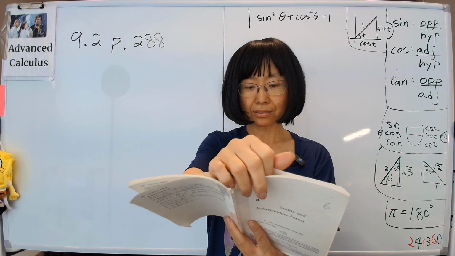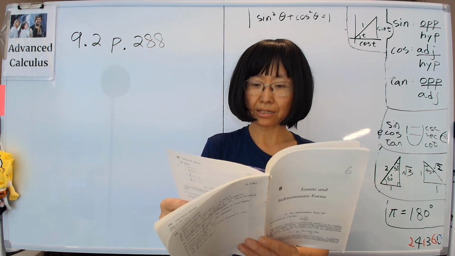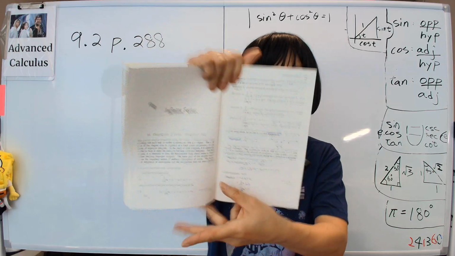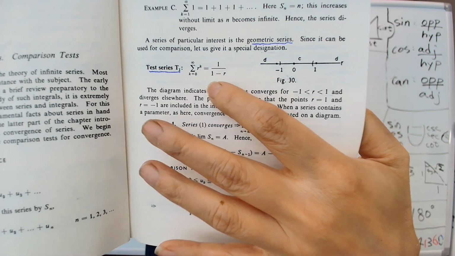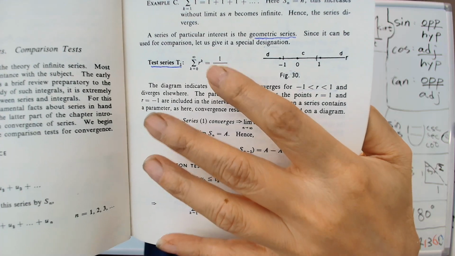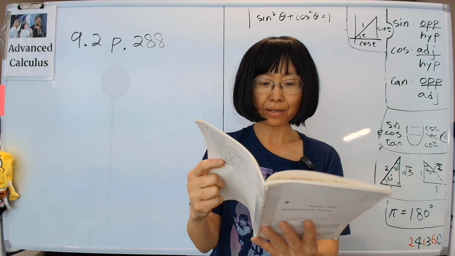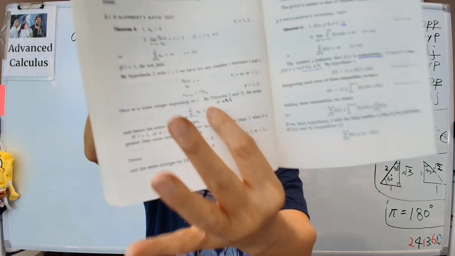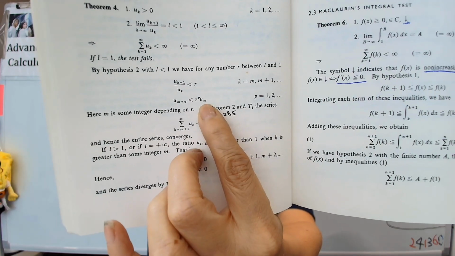Let's see, what is T1? Okay, so T1 is right on page 285. So based on T1, this series then converges. Okay, so if this thing converges, then the one we have right now is just a matter of factoring out U_m. So each one is bounded by the U_m, where m is a fixed large number.